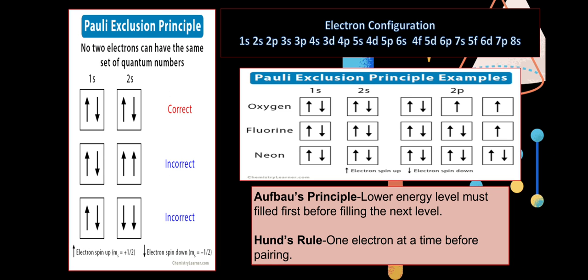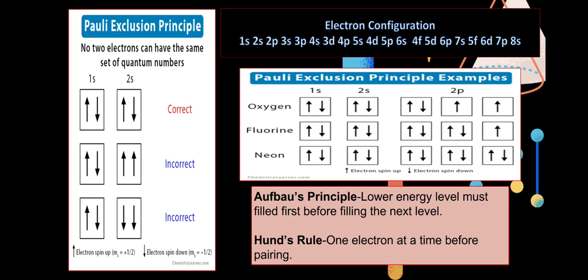So this is an example of the Pauli exclusion principle. No 2 electrons can have the same set of quantum numbers. The spin of the quantum numbers must be opposite: the electron spin up where ms is equal to +1/2 and the electron spin down where ms is equal to -1/2.